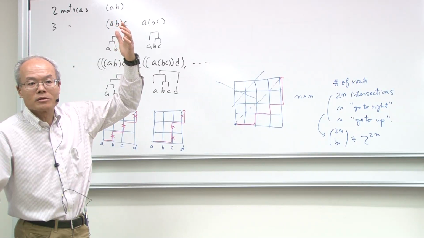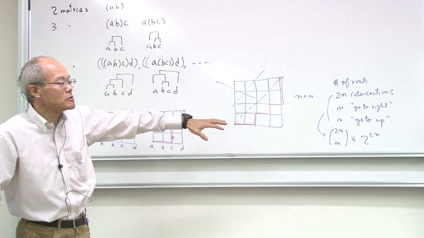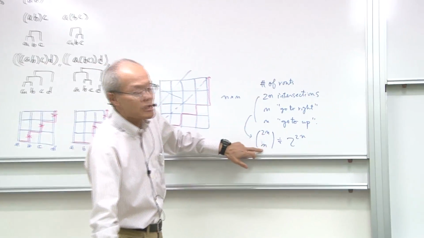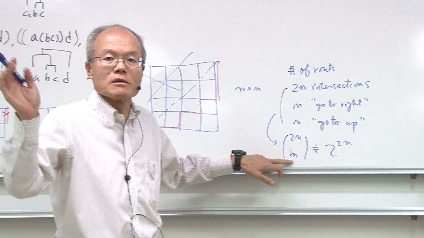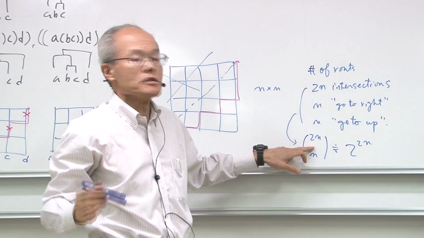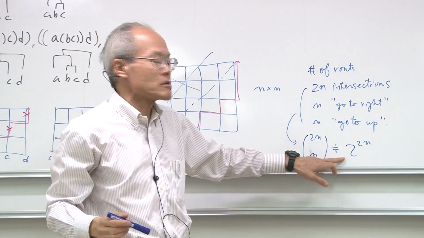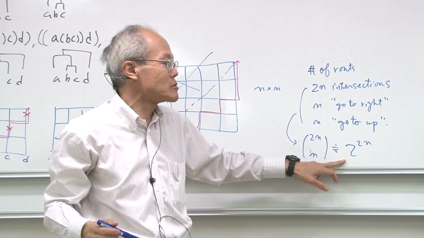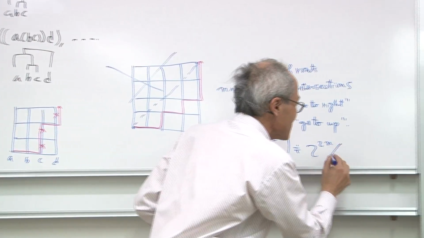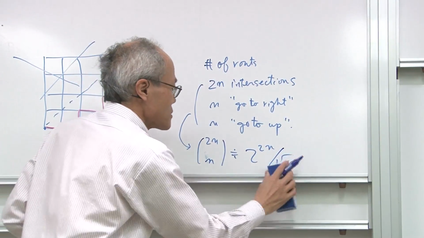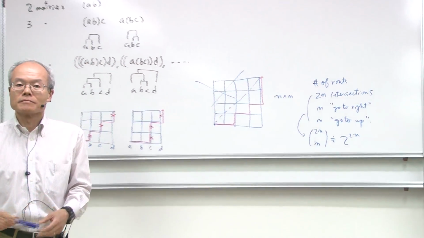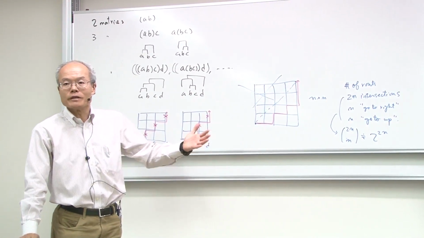That means just 2n choose n. Among 2n intersections, in n intersections you go right. Then, of course, in the remaining intersections, you have to go up. So this is all possibility. And in a simple calculation, it's almost 2 to the 2n. Well, this is something like a square root of n factor, but you just forget. This is not so important. So almost 2 to the 2n.